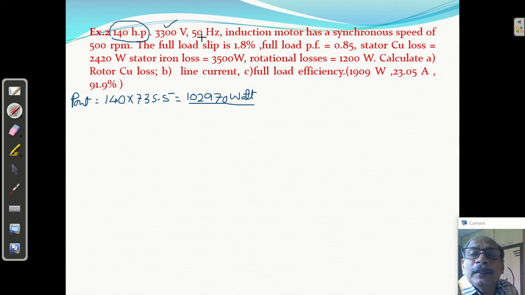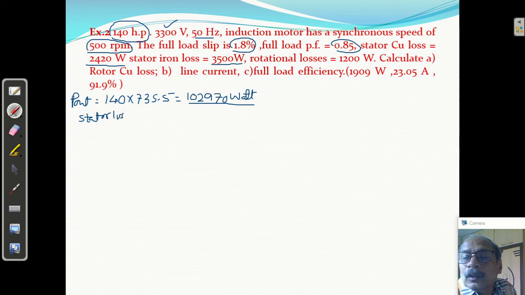3300 volt, 50 hertz induction motor has synchronous speed NS given 500 RPM and slip given 1.8% at full load. Power factor is given 0.85. Stator copper loss is given 2420, and stator iron loss is given 3500. So total stator loss is equal to what?